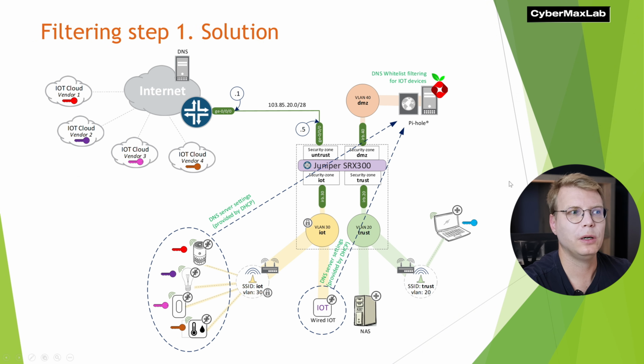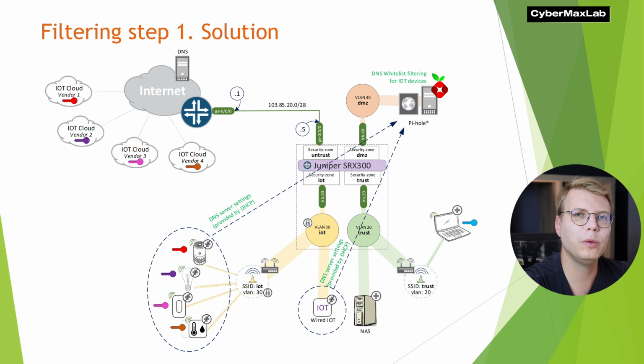Okay, so this is our solution. So how can we use it, right? In this case, you can notice that now we have a DMZ zone where we place our Pi-hole server. And then we just change our DHCP server for IoT devices to send a different name server. And now the DNS server provided by the DHCP is actually Pi-hole.